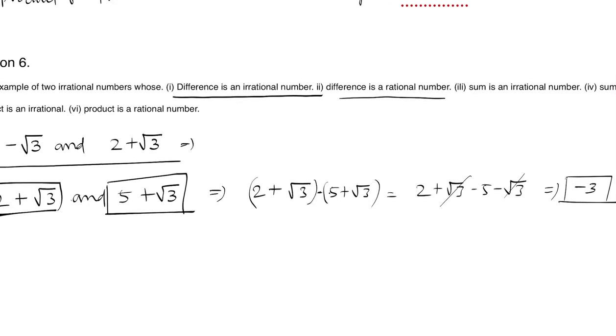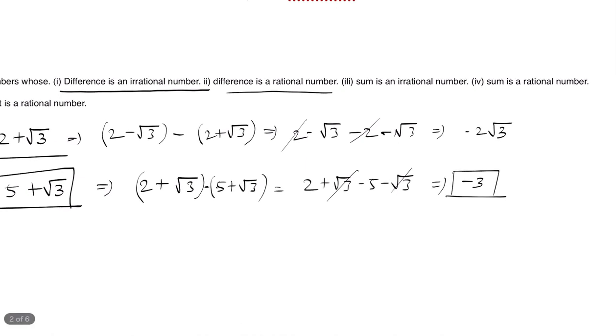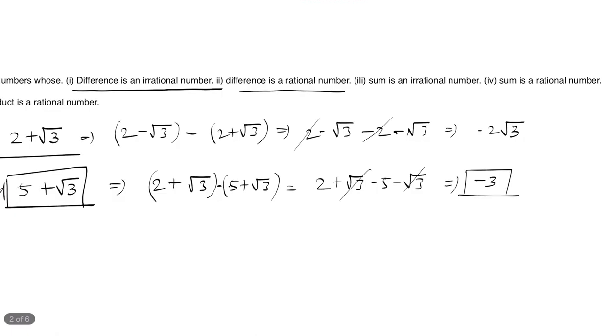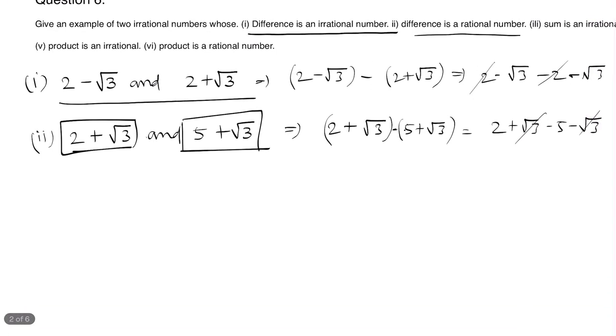Okay, and in this example, 2 minus root 3 minus 2 plus root 3 is equal to 2 minus root 3 minus 2 minus root 3. This will become 0 and this will become minus 2 root 3, okay, which is an example of an irrational number.